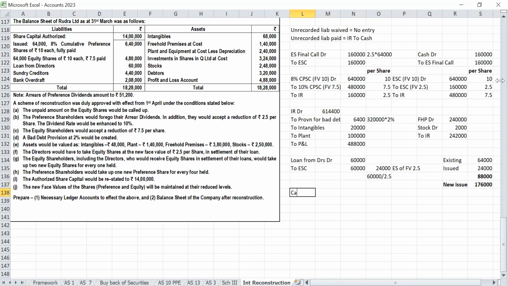Means additional issue. Cash account debit to equity share application. 1,76,000 into 2.5. To equity application, to equity share. Okay? Wait one minute.